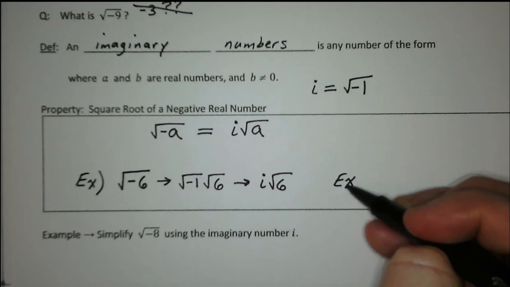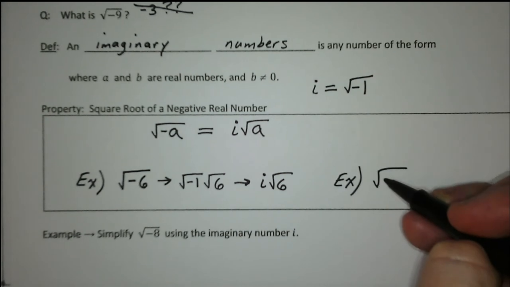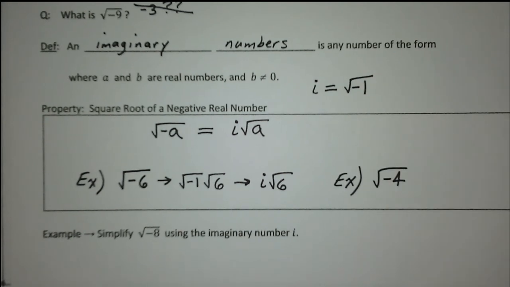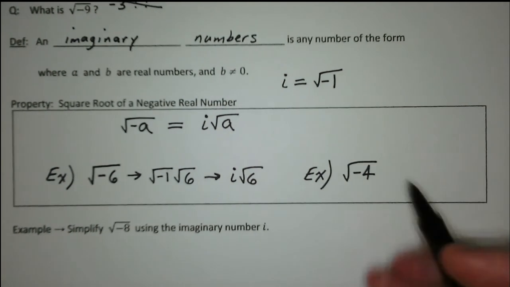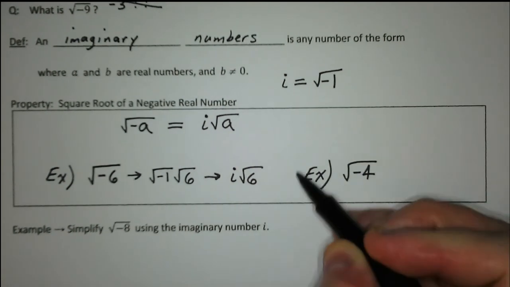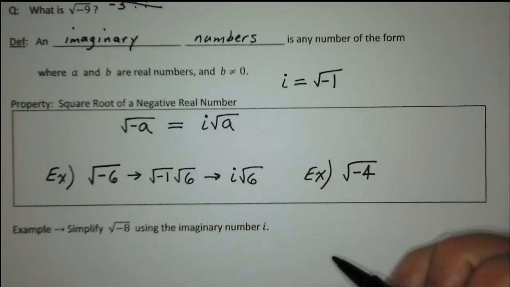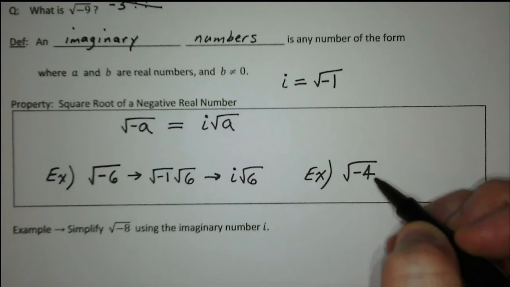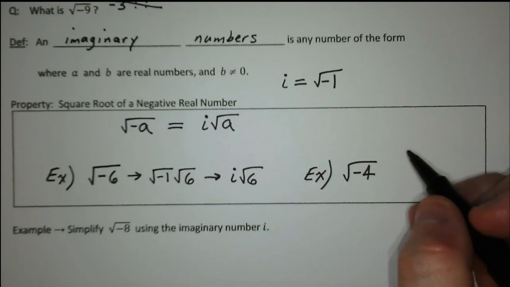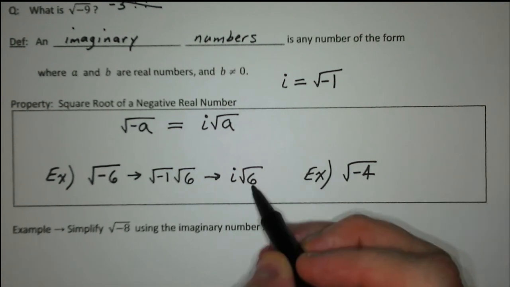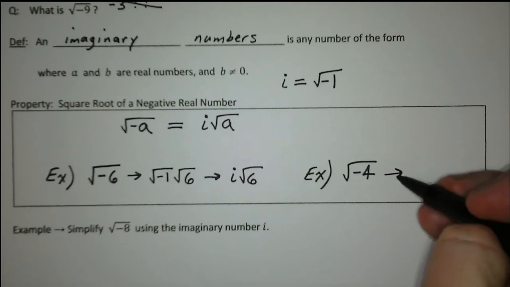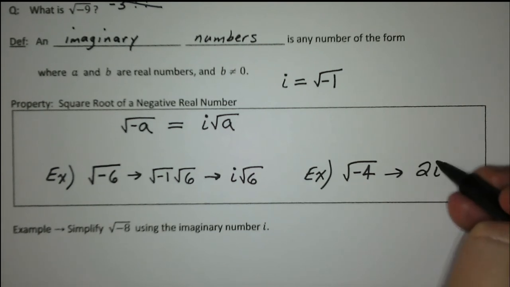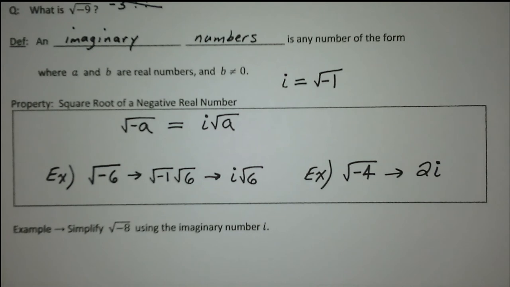Another example: how about the square root of negative 4? When you break off the negative, that becomes I, and what's left is the square root of 4. The square root of 4 is actually nice, that's just 2. So this answer is 2I, and that's how you should say it.